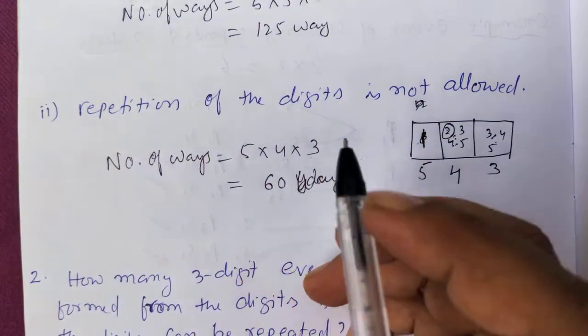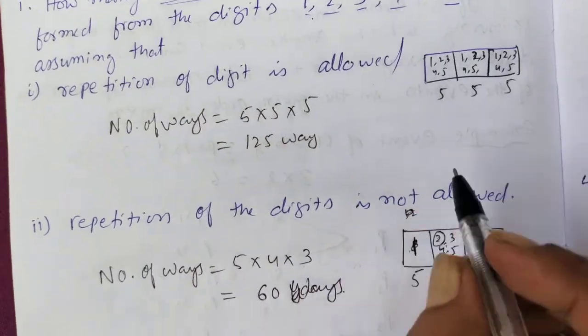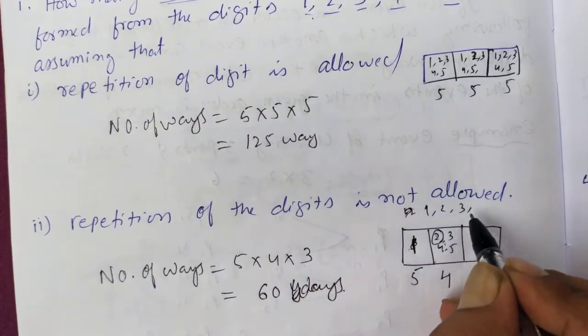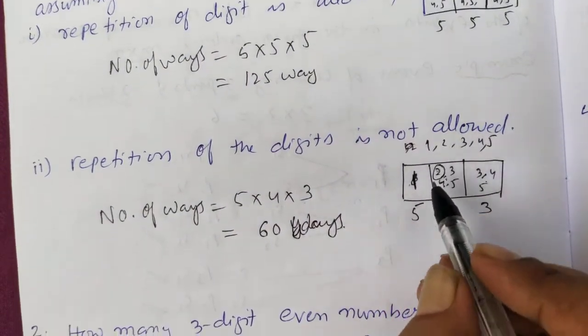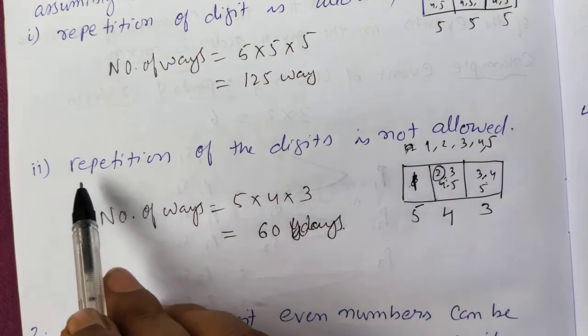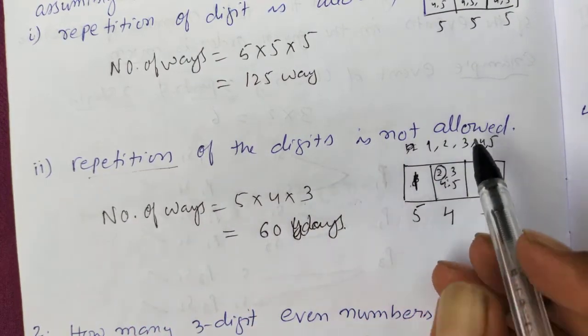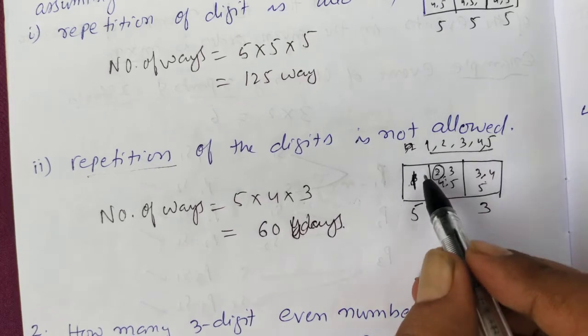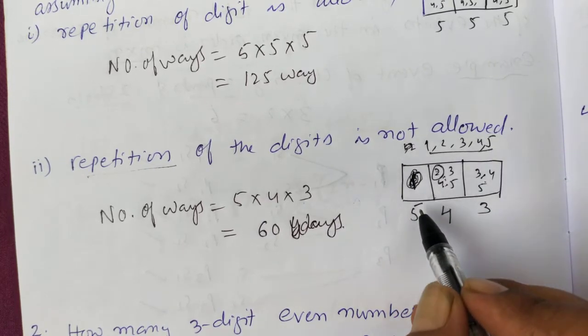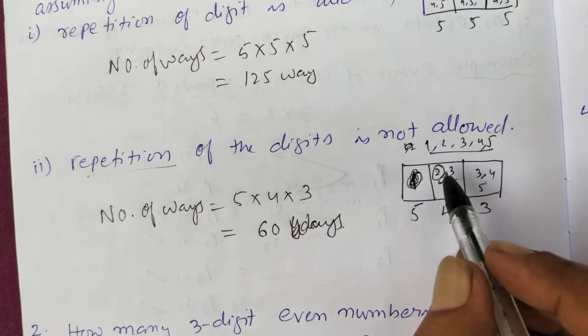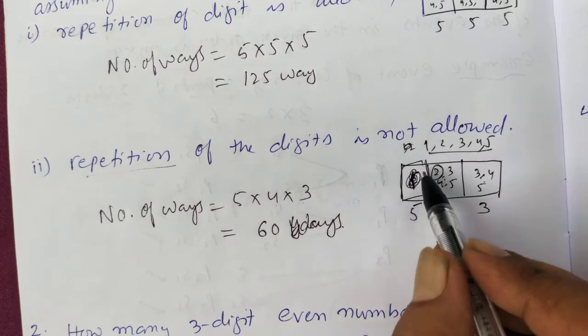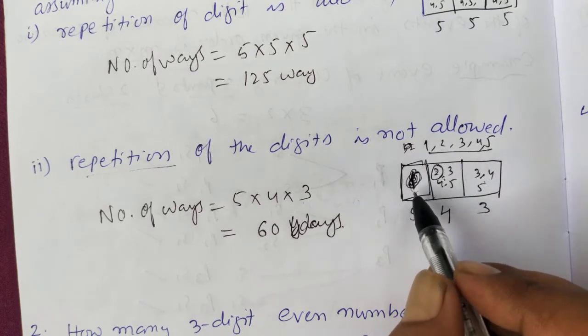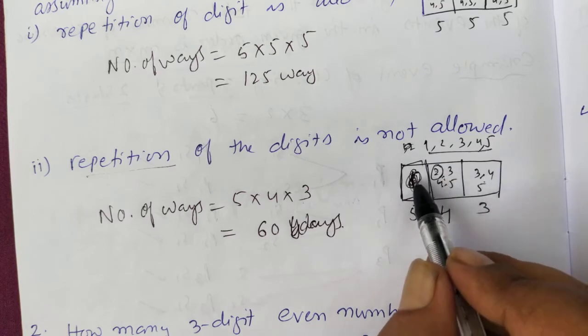Again, I'm explaining. We are supposed to use these 5 digits, 1, 2, 3, 4, 5, but repetition is not allowed. This box can take any of the 5 numbers, but if I use any one number, I cannot use that number in the next box.